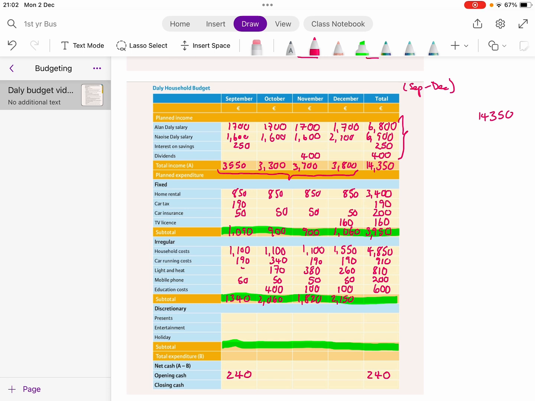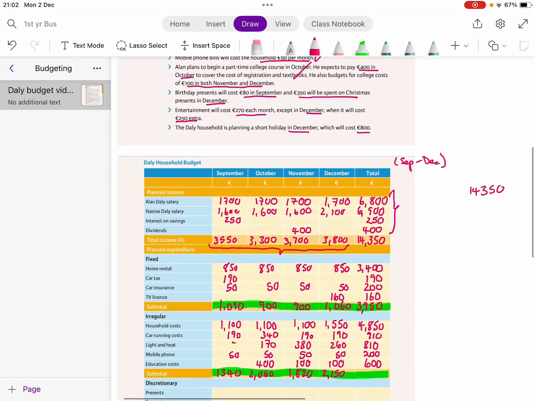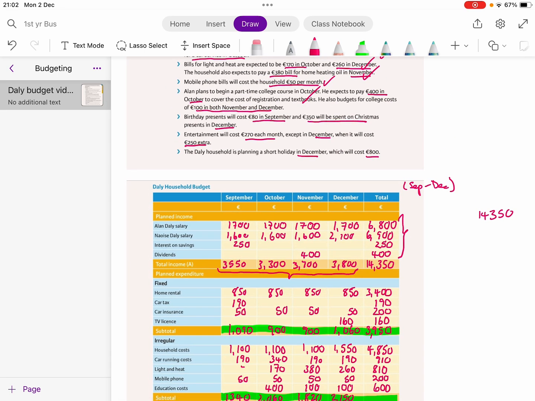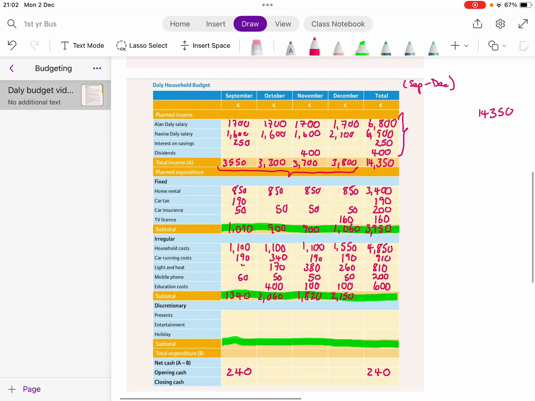I just want to check that figure. Okay, so I'm going to do my up and my down again.